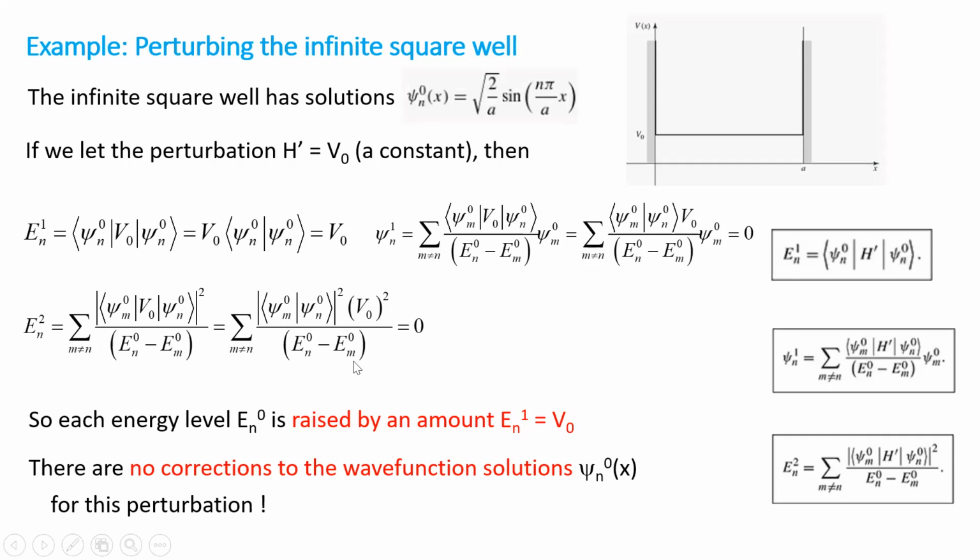So just to sum up, we have non-degenerate perturbation theory. We're assuming that the energies are not equal to each other, so we can do these sums. When m is not equal to n, we don't divide by 0. That's what non-degenerate means. We take a known system, like the infinite square well, and we change it a little bit. Either we lift it, or like earlier, we put a little bump in it.